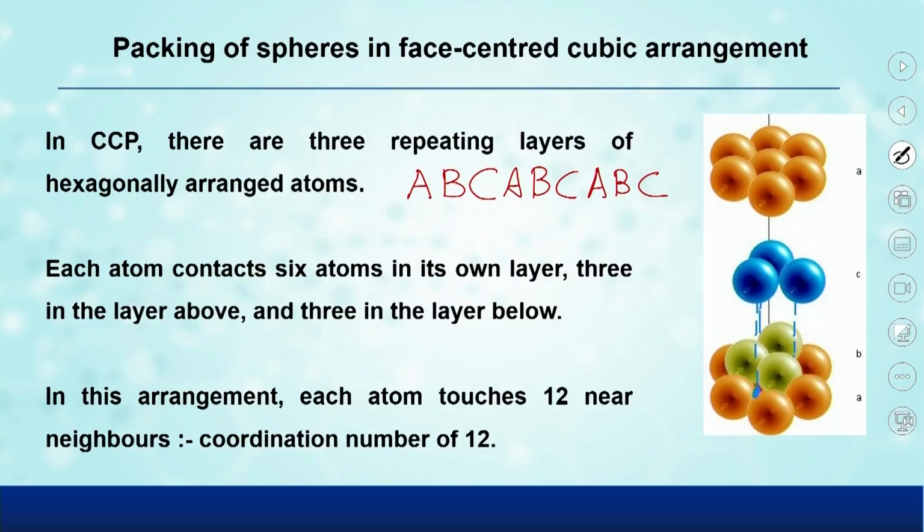Each atom contacts 6 atoms in its own layer, 3 in the layer above and 3 in the layer below. So, in this arrangement, each atom touches 12 near neighbors, and therefore, the coordination number in a cubic close packing or face centered packing is equal to 12.